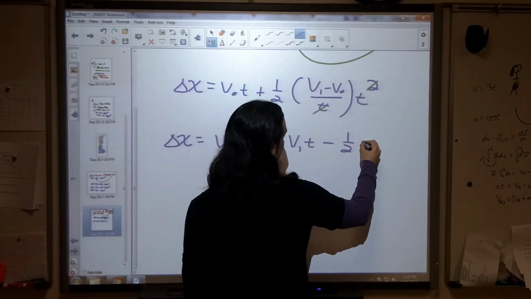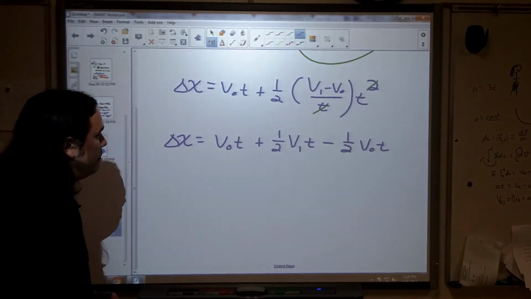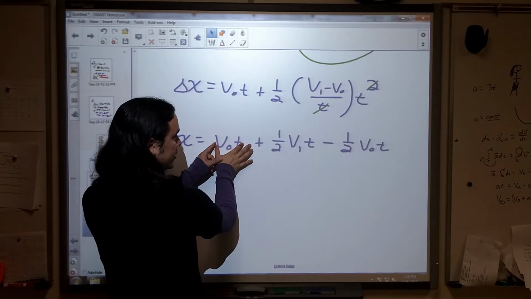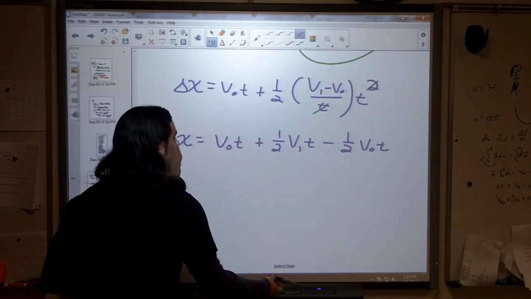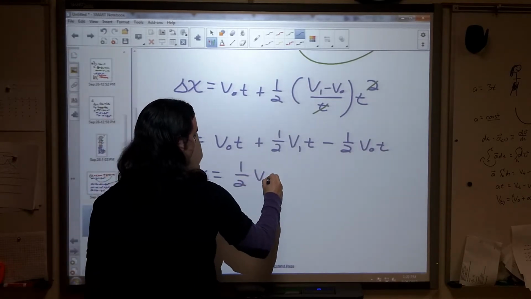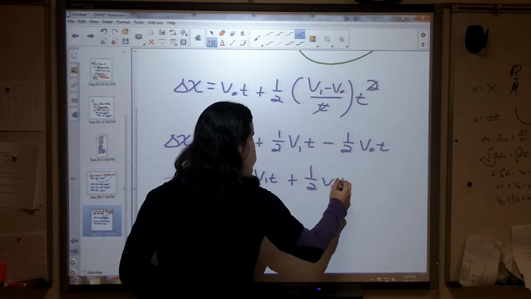I'm distributing the 1/2. Yep, v naught times time. It's a little bit of algebra here, but I have the initial velocity, v naught times time, minus 1/2 v naught times time. So I can clean this up. Delta x is equal to 1/2 v final times time plus 1/2 v naught times time.